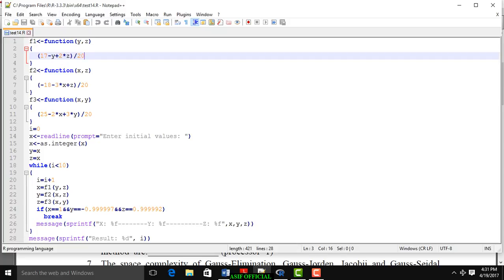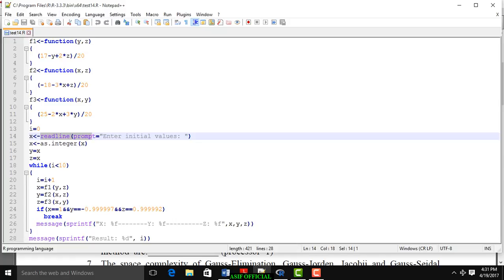I equal to 0 is set before a loop, and the value of x is taken as input. In R we use readline with a prompt, as we use printf in C or C++, and this is the message that we print on the screen: Enter initial values. Here is the loop, while i is less than 10.